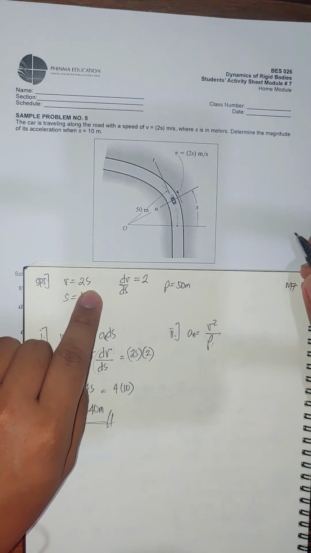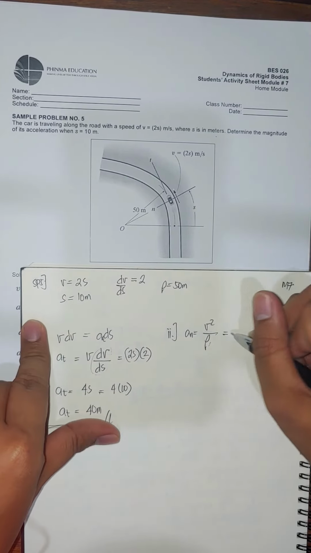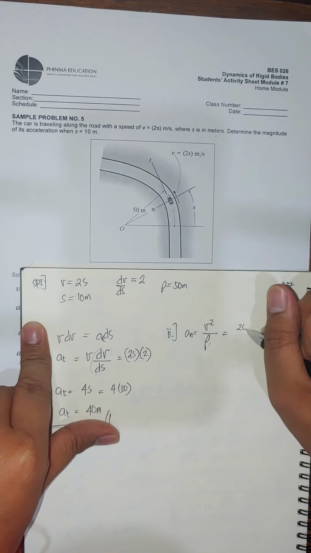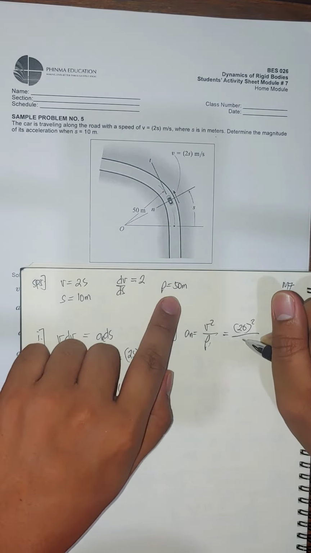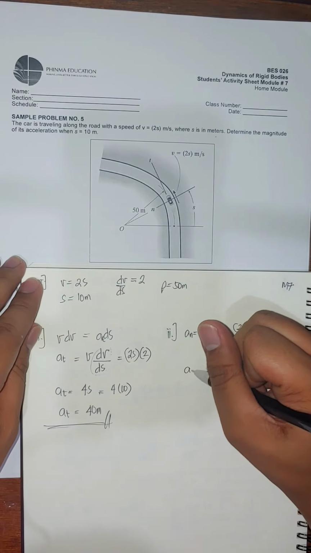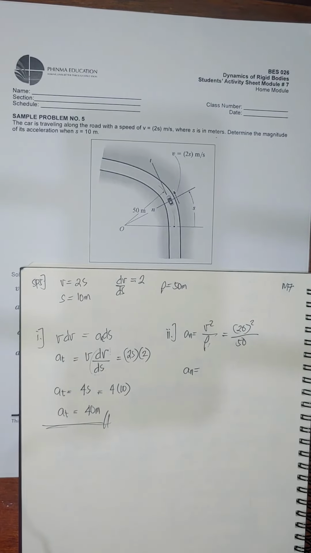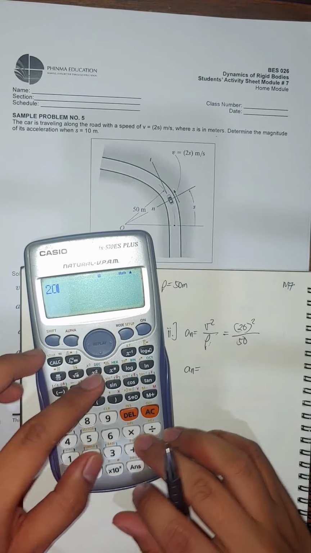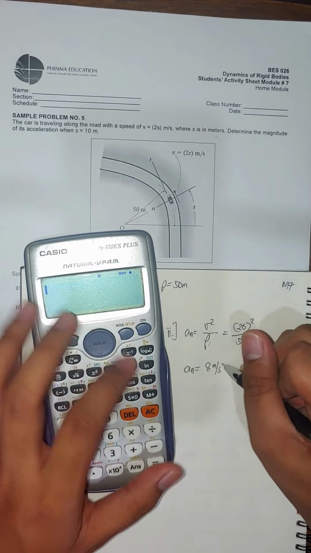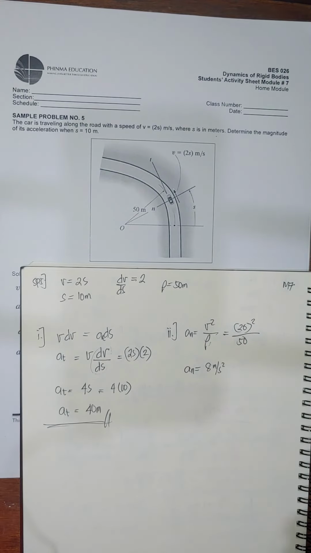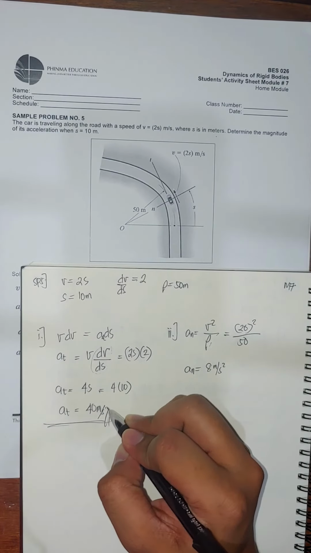So 2 times 10 is just 20 meters per second. So 20 squared, because it is v squared over rho. Again, rho is 50. So the normal acceleration will just be equal to 20 squared divided by 50, which is 8 meters per second squared. The tangential acceleration is 40 meters per second squared.